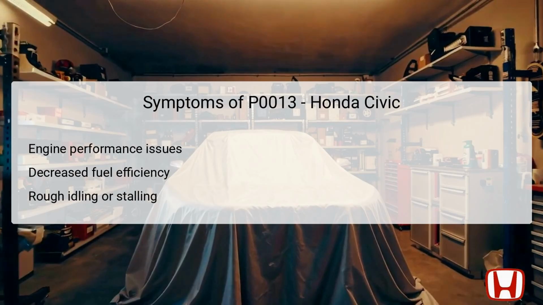Additionally, a driver may observe decreased fuel efficiency, as improper valve timing can lead to a less efficient combustion process. Engine rough idling or stalling can also occur as the vehicle struggles to maintain proper timing of the valve movements, which can lead to an unstable running condition. Warning lights may also illuminate on the dashboard, serving as an indication to the driver that service is required.